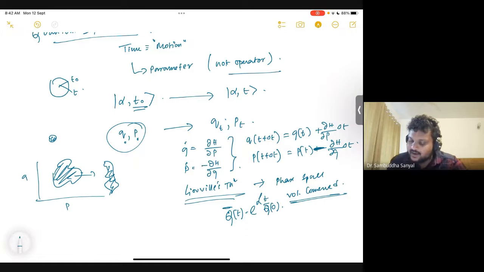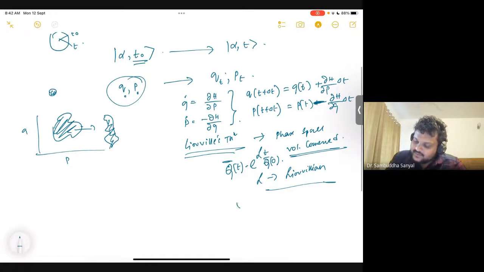If you have not learned this yet, I will talk about this maybe after the midsem, where L is a Liouvillean. And we will see in a moment that in quantum mechanics we'll also find a similar kind of expression, where instead we'll write psi t is e to the power iHt psi 0. That's what I'll show.